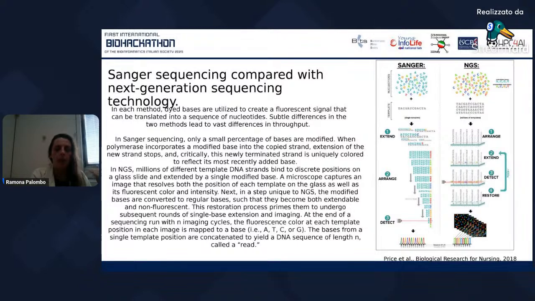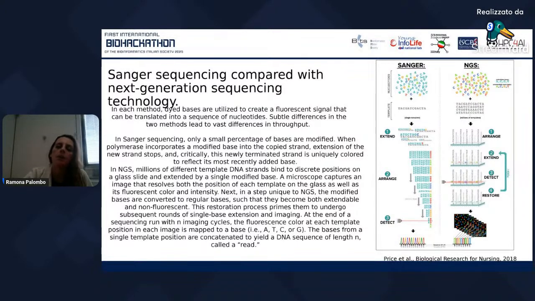We can analyze the incorporation of different nucleotides based on the fluorescent signal that we find. And as we can see in the bottom part of the figure, we have this graph with different peaks with different colors, and each color represents a specific nucleotide.